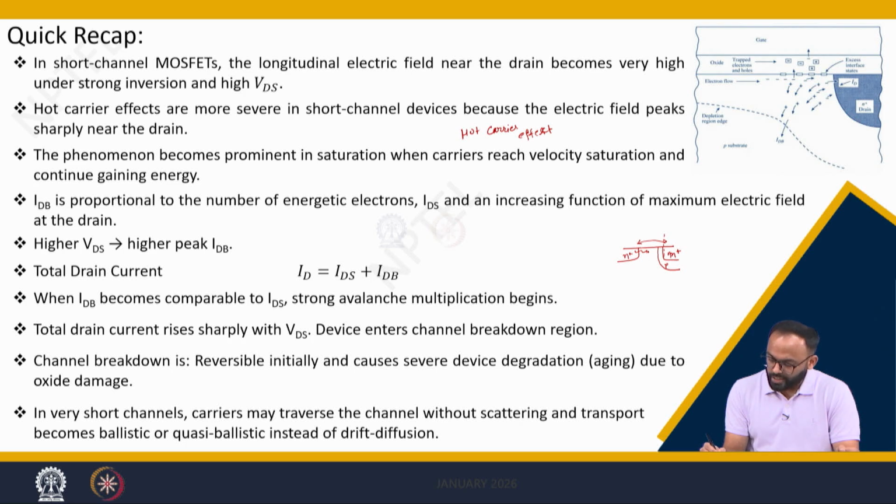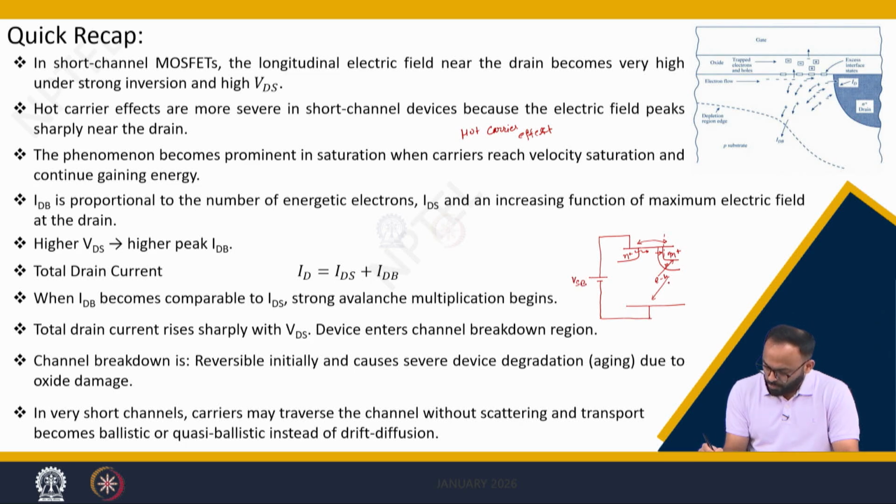Now when these hot carriers strike the silicon atom, they create an electron hole pair. This is called impact ionization. Because of this electron hole pair generation, the electron stream goes towards the drain side and the hole stream comes towards the body, because the body is connected either to ground or to a negative terminal as VSB.